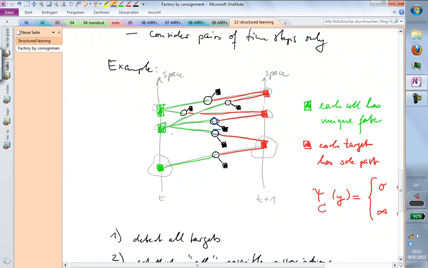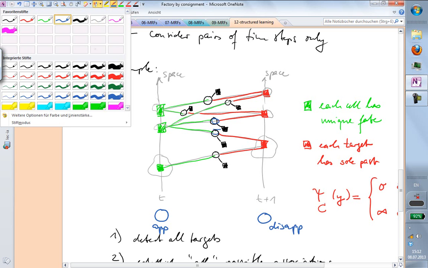But the standard procedure to do it is as follows, namely to introduce some kind of meta node where you say here you have a generic node or a generic detection that can explain all appearances, and then a generic one that can explain all disappearances.